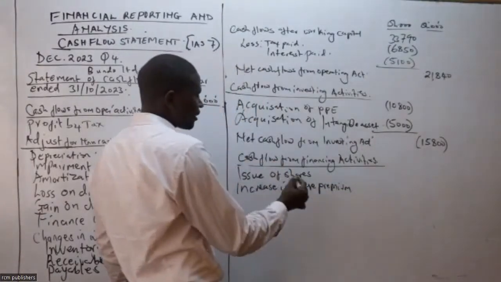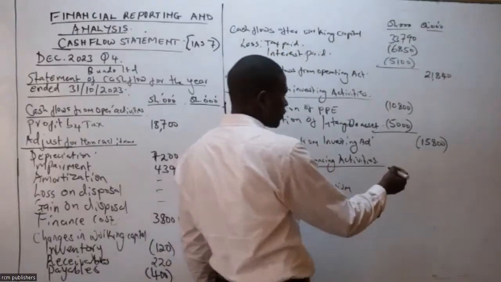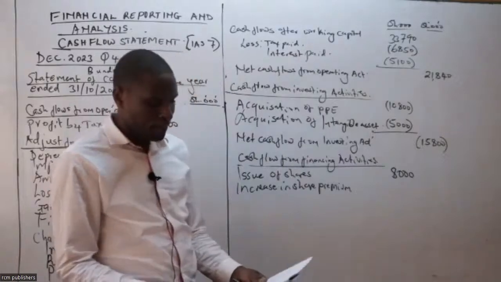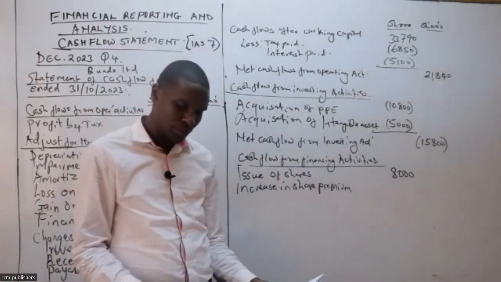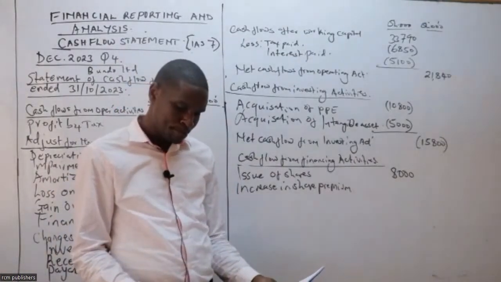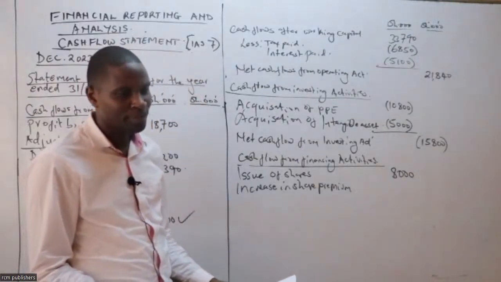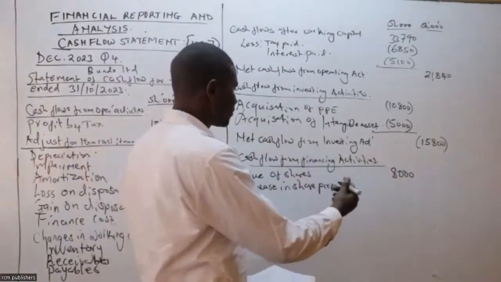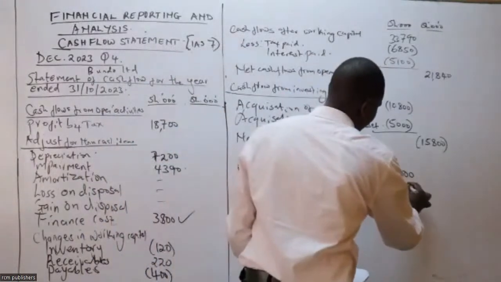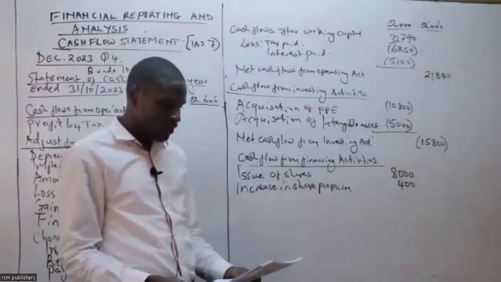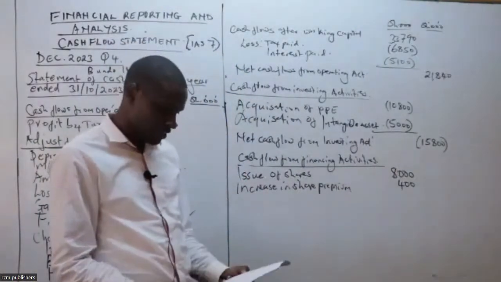So 40,000 minus 32,000 will give me 8,000. Can you give me the value of our share premium? Tuko na 3,000 and then mwanzo tulikuwa na ngapi? 26. Therefore, there was increase of 400 like that. Done.